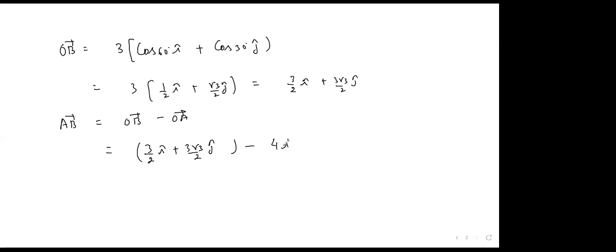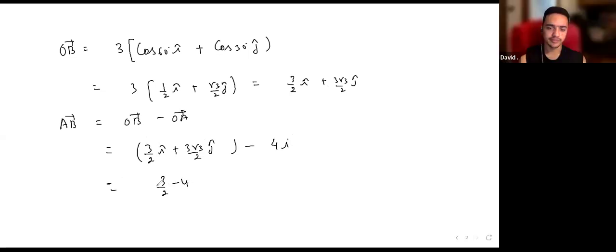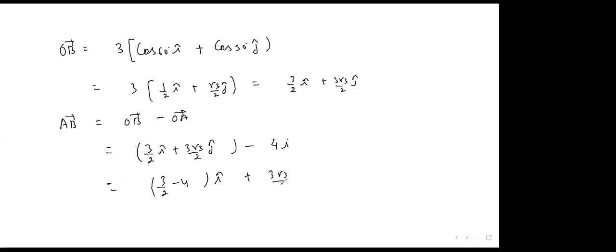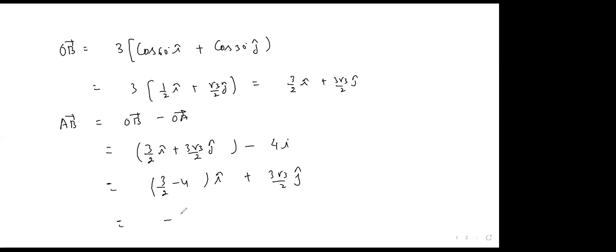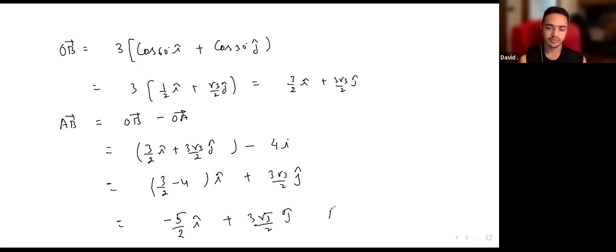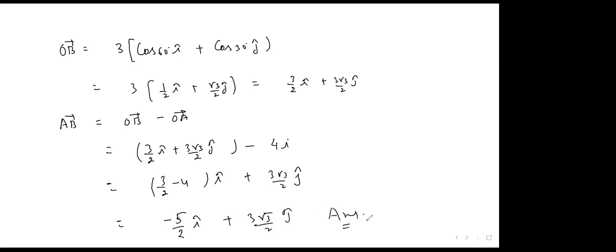So this will be 3 over 2 minus 4 i cap plus 3 root 3 over 2 j cap. This will be minus 5 over 2 i cap plus 3 root 3 over 2 j cap. This will be the answer for question number 3.